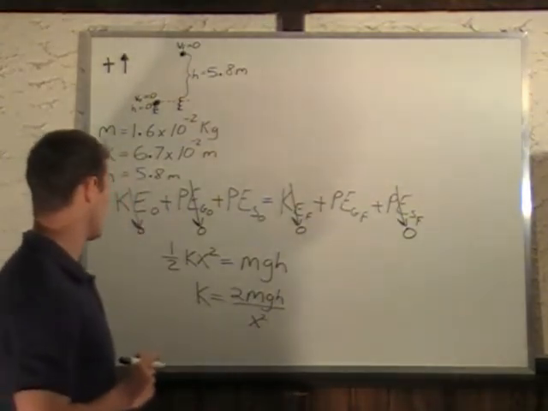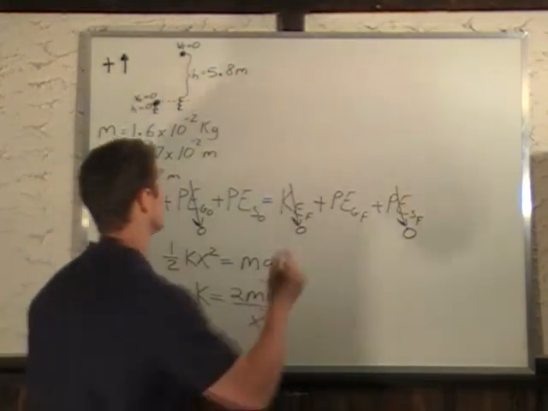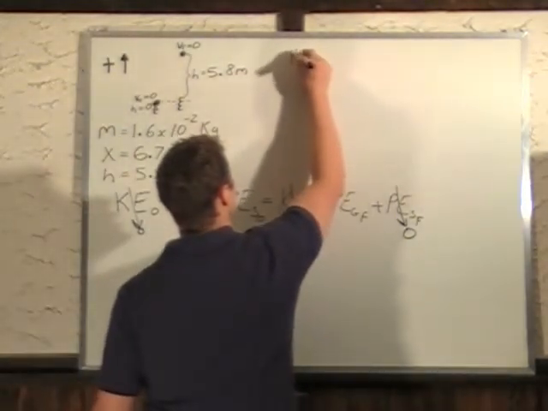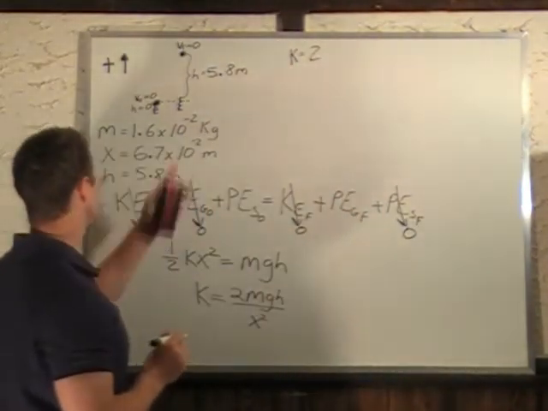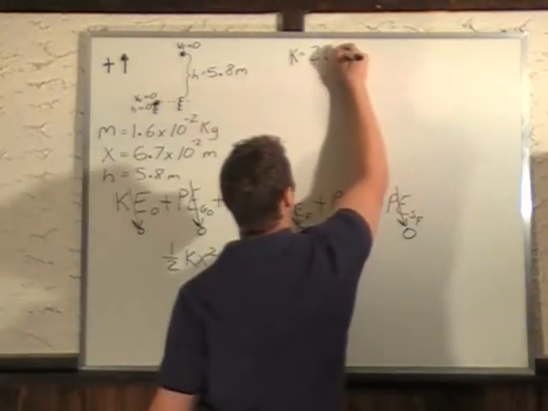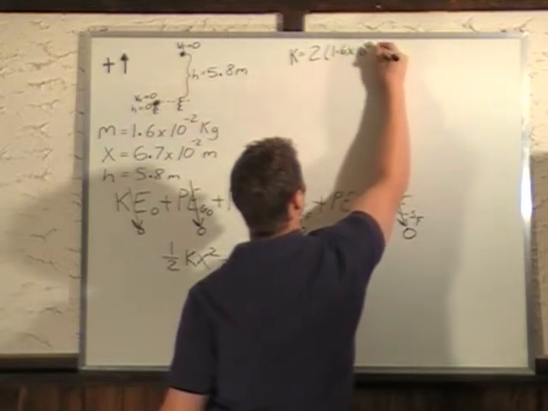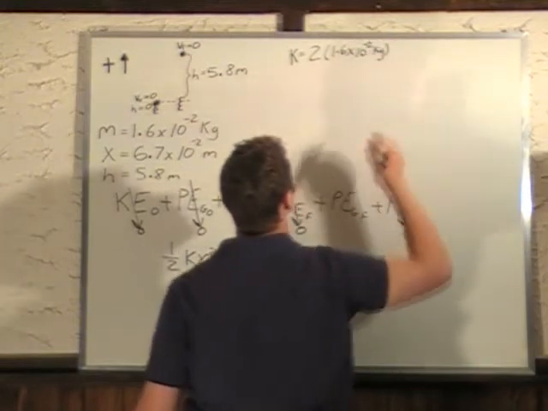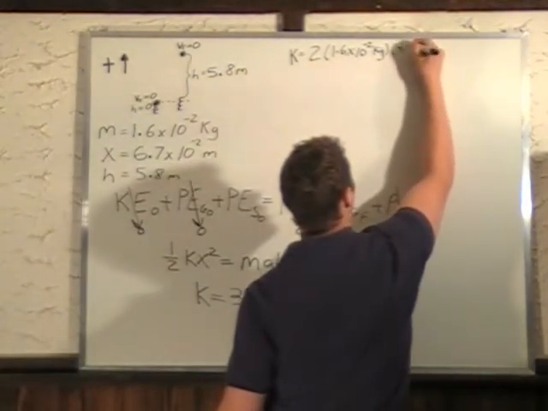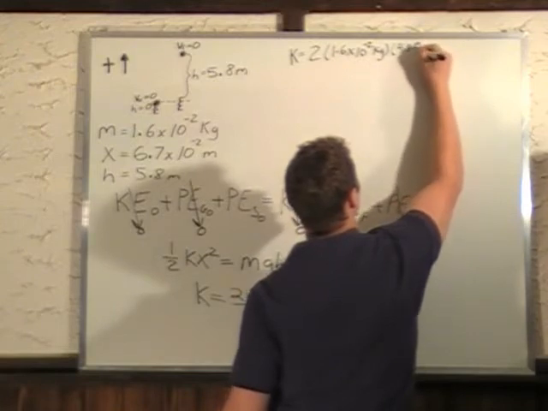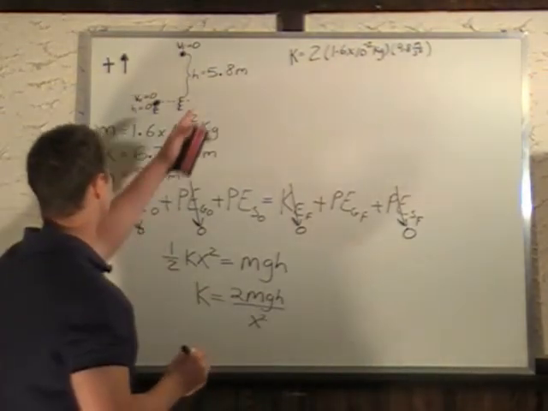So now all I've got to do is plug all my numbers in here and we'll get our final answer. So I'll write this up here. We have k equals 2 times mass of 1.6 times 10 to the minus 2 kilograms times our gravitational constant of 9.8 meters per second squared times our height of 5.8 meters.